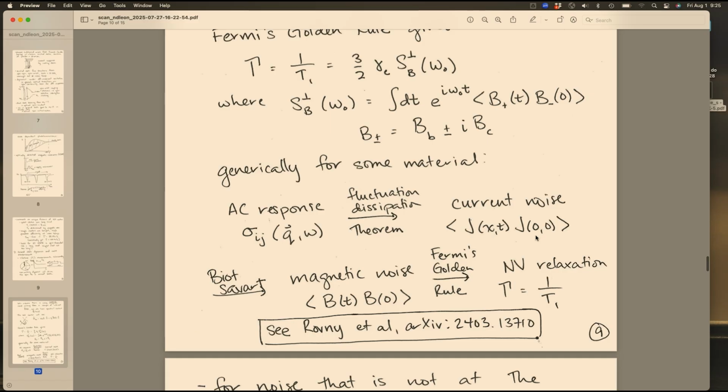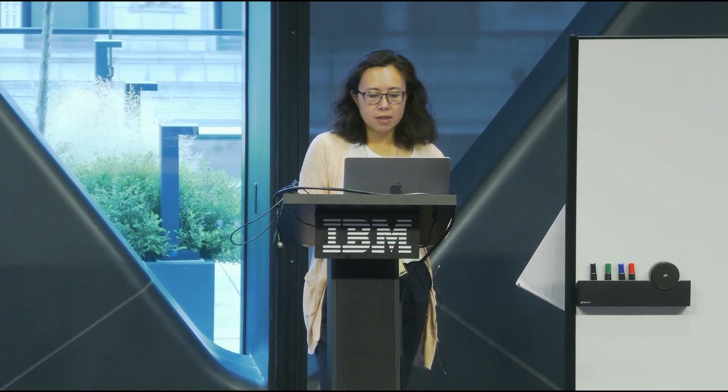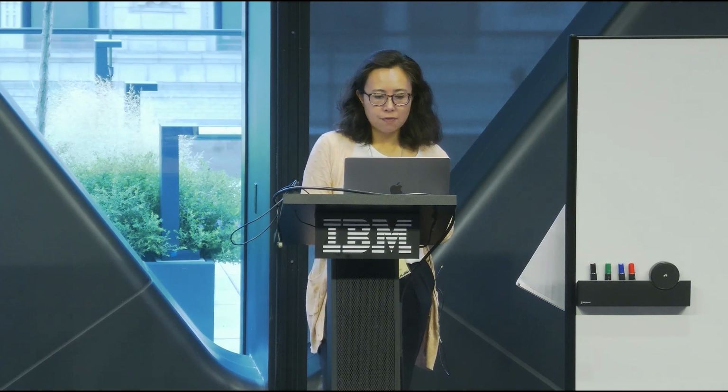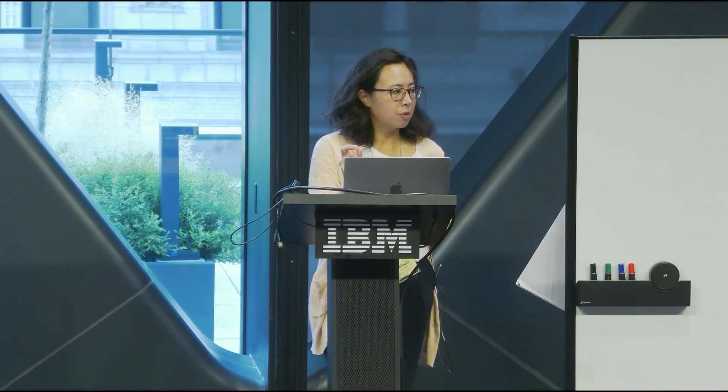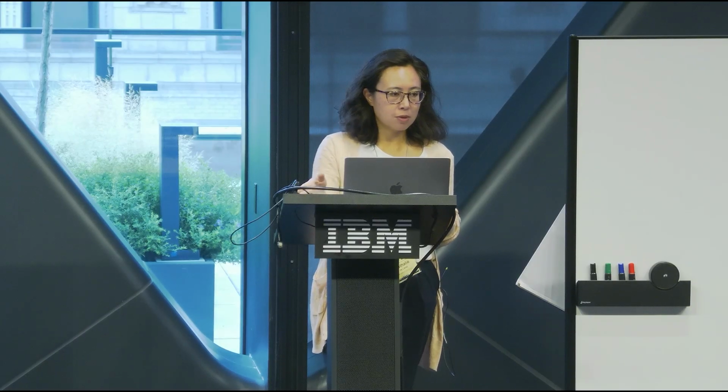And then that current noise gives rise to a magnetic field because of Biot-Savart. And that gives me some magnetic noise. And then I can plug that into Fermi's golden rule and turn that into a relaxation time. Okay? All right. This only works if you are on resonance with this guy here, right? Because you're picking out the spectral component that actually leads to spin lattice relaxation.